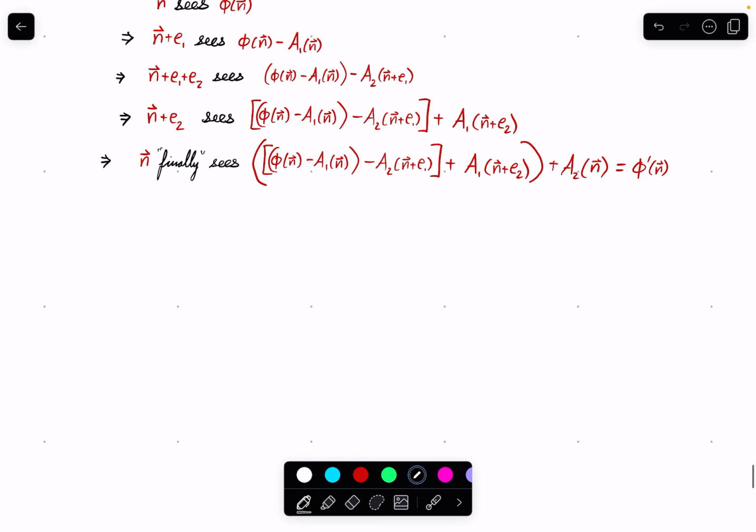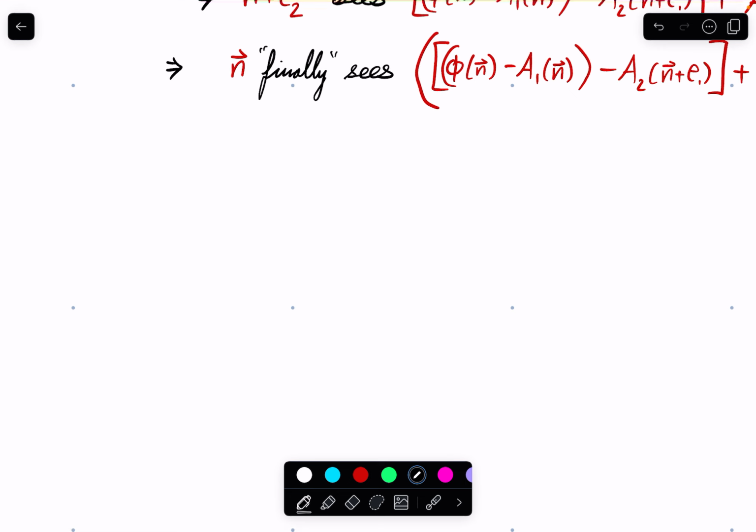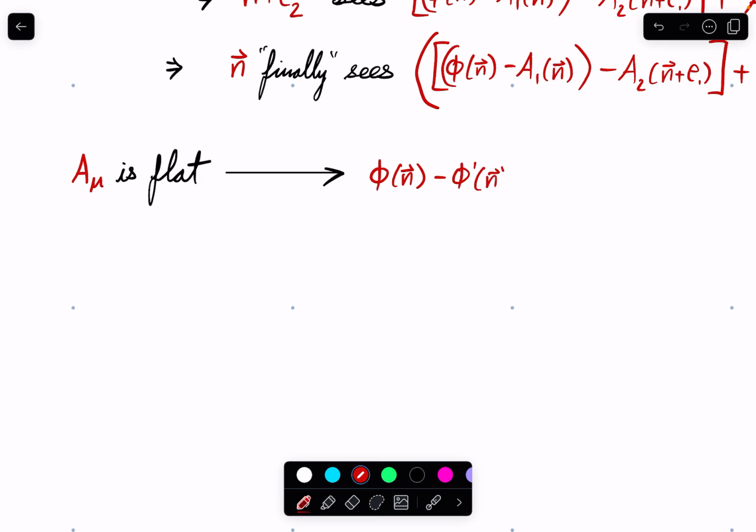Now, if the field A_mu is flat, so not curved, then phi n minus phi prime n is equal to 0.